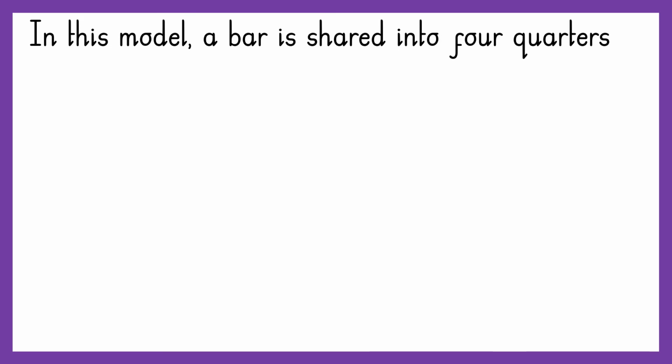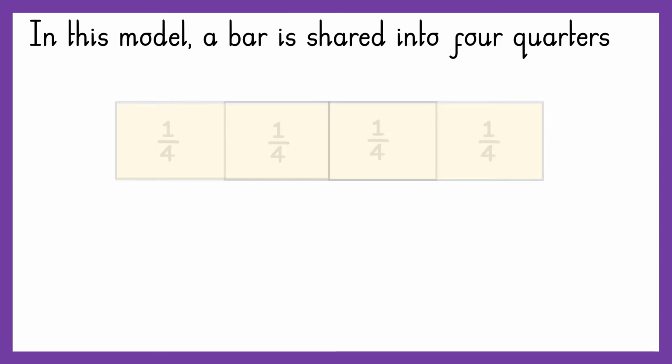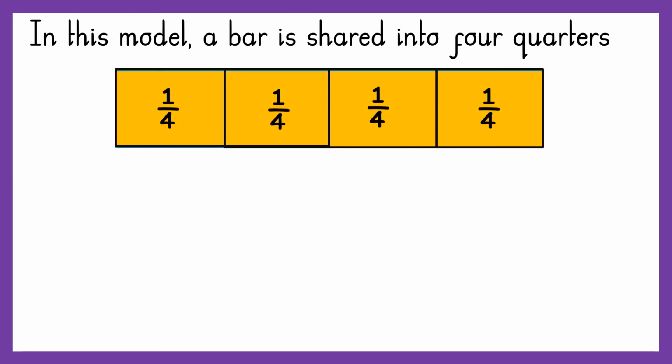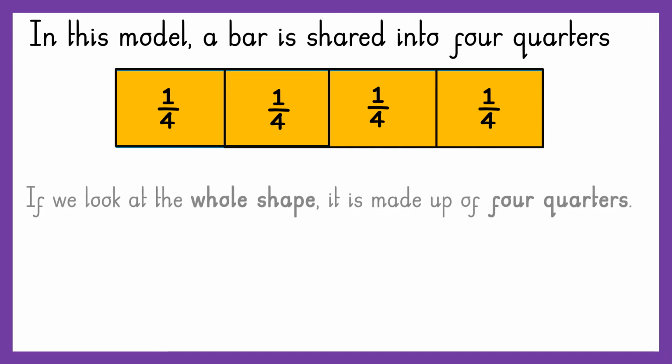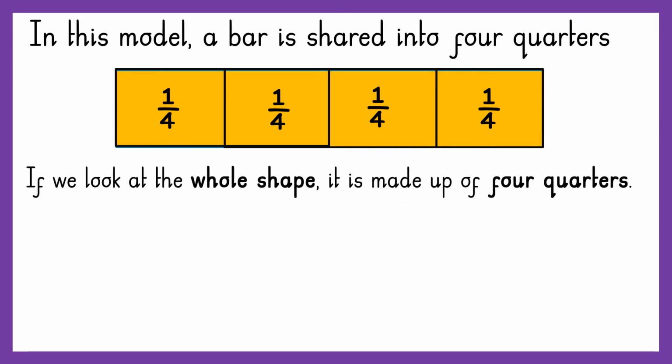In this model, a bar is shared into 4 quarters. Each part is a quarter. If we look at the whole shape, it is made up of 4 quarters.